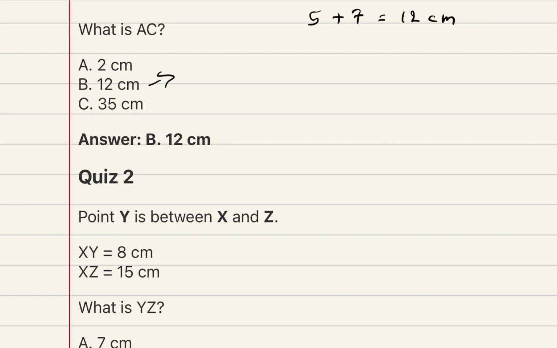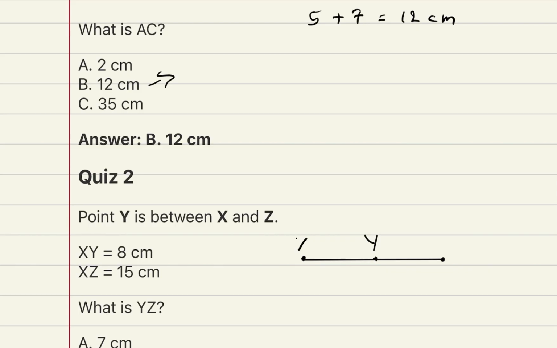Okay, so let's do this together. So let's create those 3 points. So we have a point, point, and point. And now, of course, these points don't have to be equal. I'm just drawing them as an example. Okay, so let's put the points they told us. Point Y is between, so let's start with that.